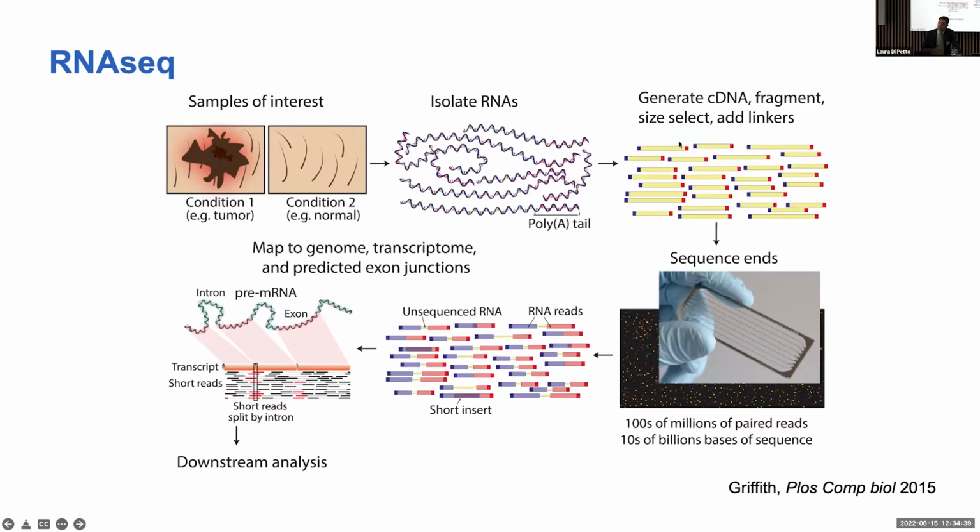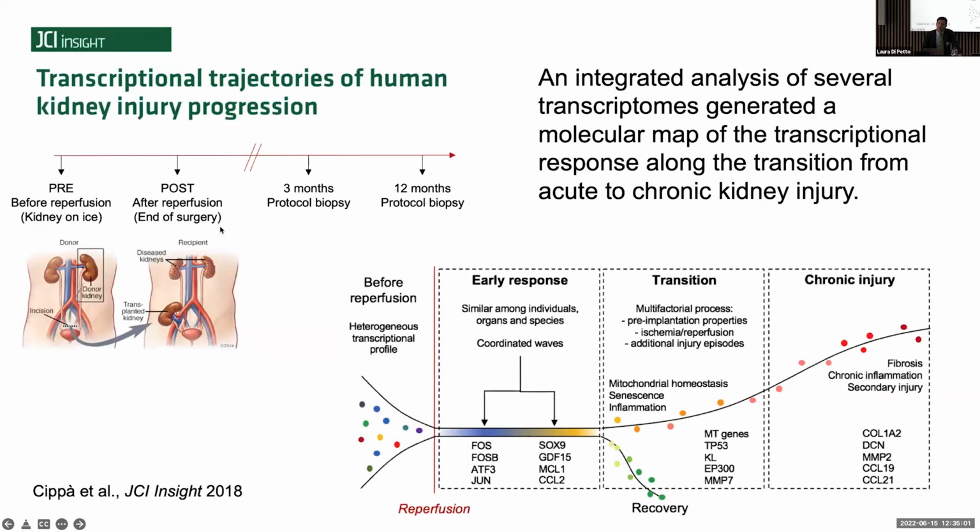Then you go to the next step where you generate a copy cDNA, which is then sequenced with various technologies, and then putting together these fragments of sequenced information, you can map this to the genome and basically have an idea of the transcriptome in the whole sample. This is a very powerful technology, and it can be used in many different ways.